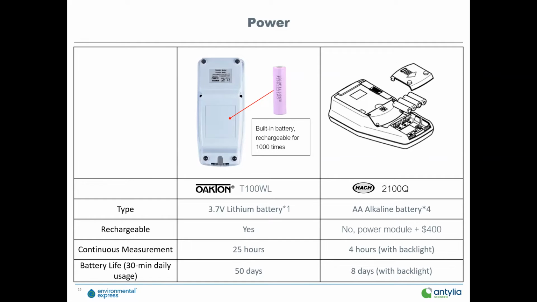But if you look at the continuous measurement comparison between the two instruments, 4 or 5 hours on the 2100Q versus 25 hours per charge on the T100 white light. It has a 3.7 volt rechargeable lithium battery that's rechargeable through the USB cable.